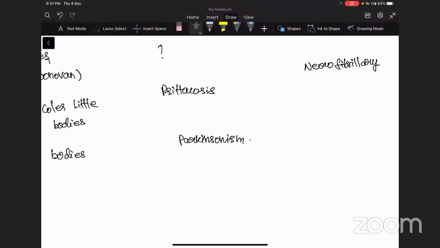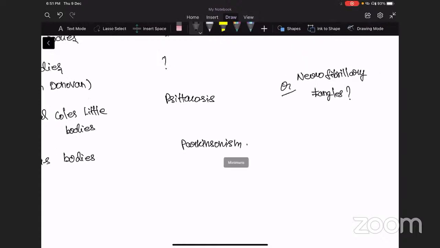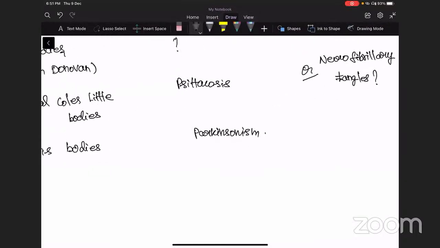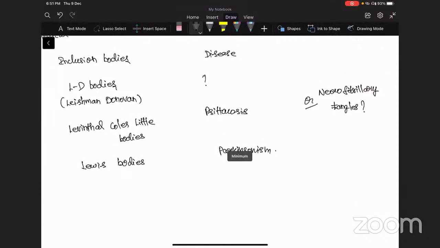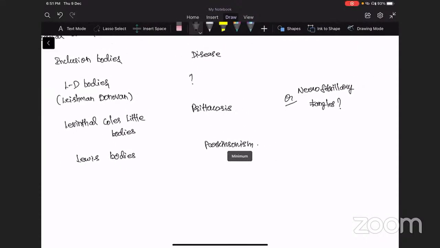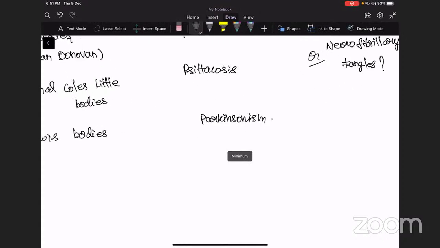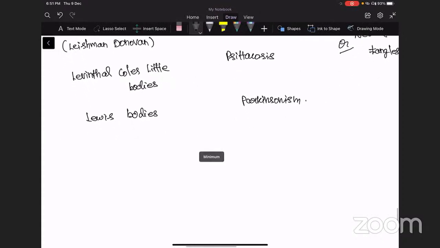Neurofibrillary tangles are seen in which disease? And this has been asked in previous FMG exam. Neurofibrillary tangles are seen in. LD bodies are seen in. Neurofibrillary tangles are seen in. Please answer in the chat box.